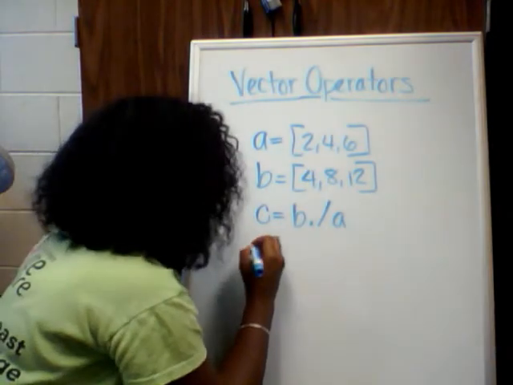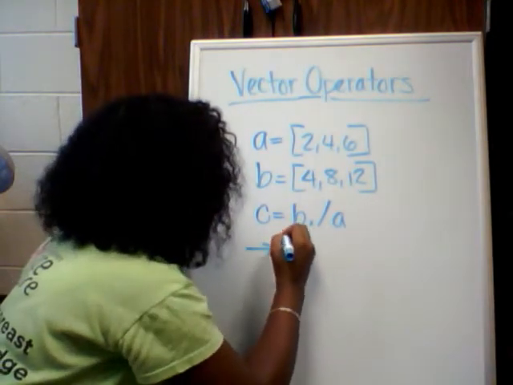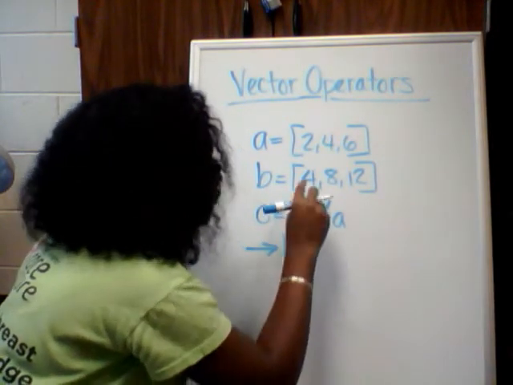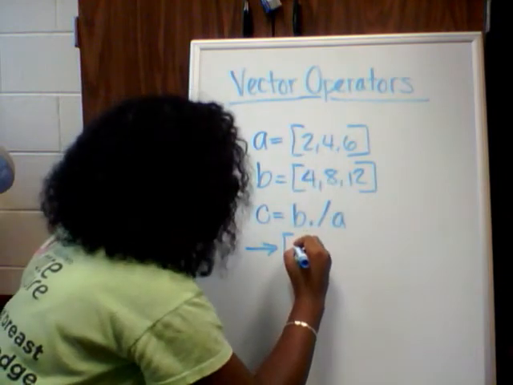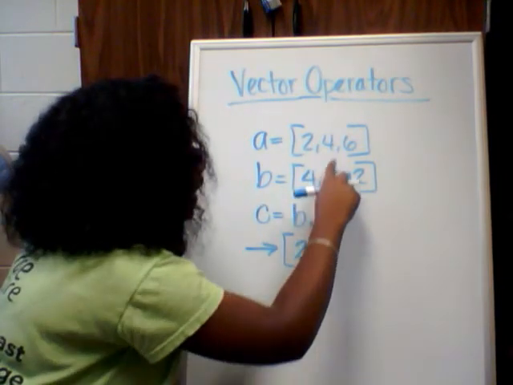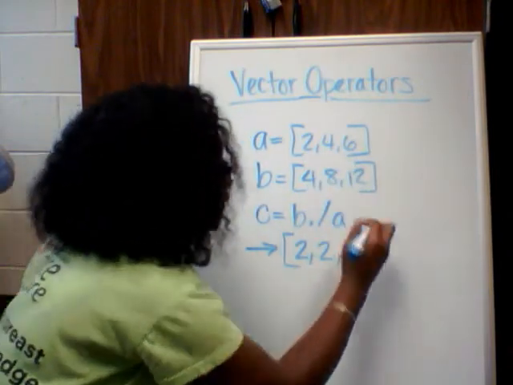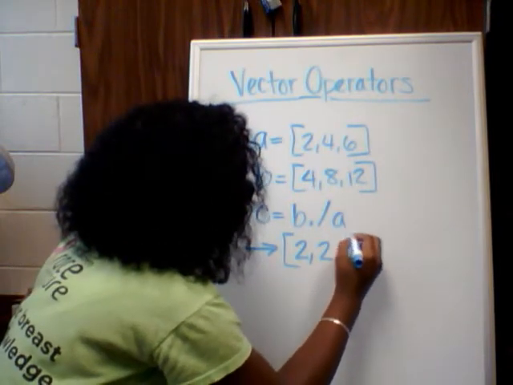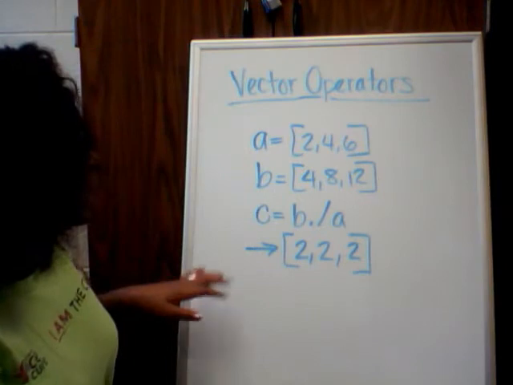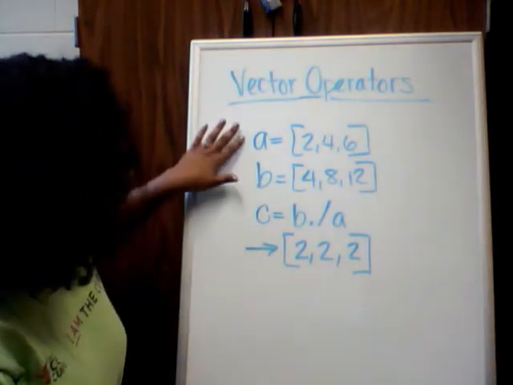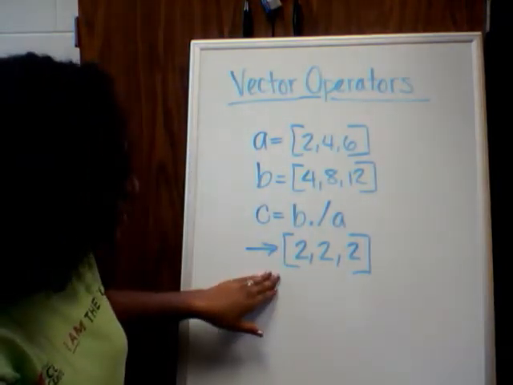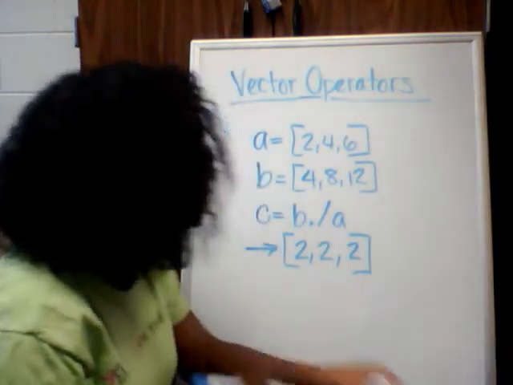So C would yield 4 divided by 2, which is 2, 8 divided by 4, which is 2, and 12 divided by 6, which is also 2. So now B divided by A has given us the vector 2, 2, 2.